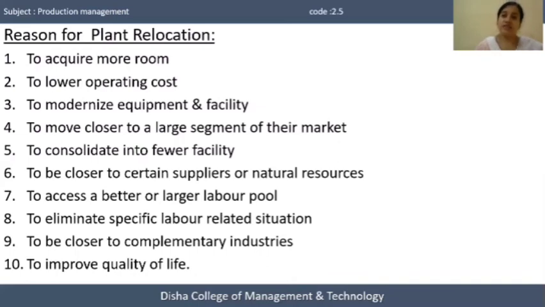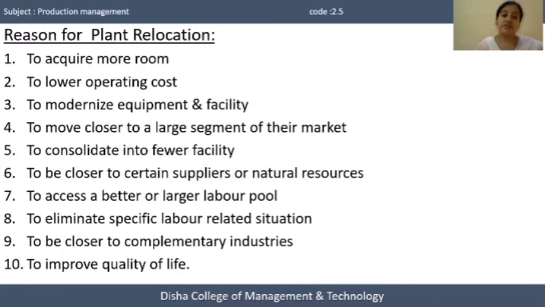To move closer to a target segment of their market. Industrialists always want to install their plant in an area that is nearer to the market. If they want to get closer to a larger part of their market, they can send their goods at less cost and minimize their transportation cost.